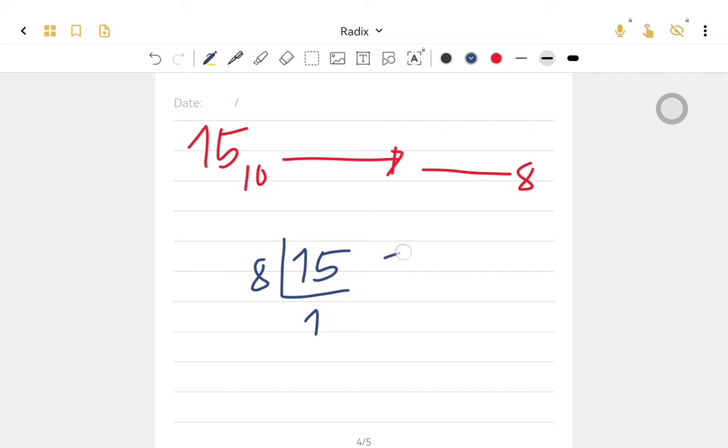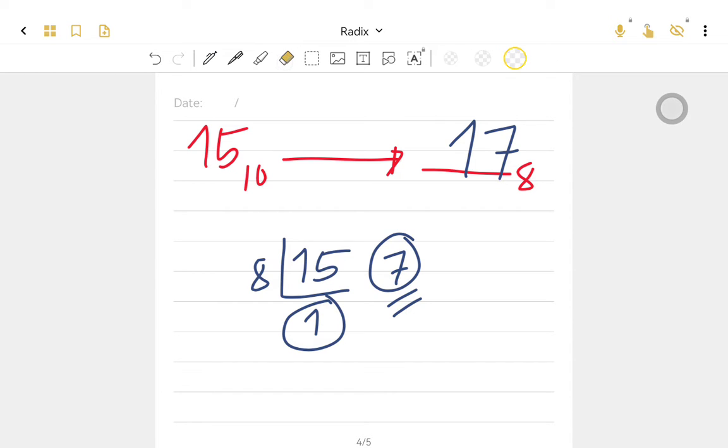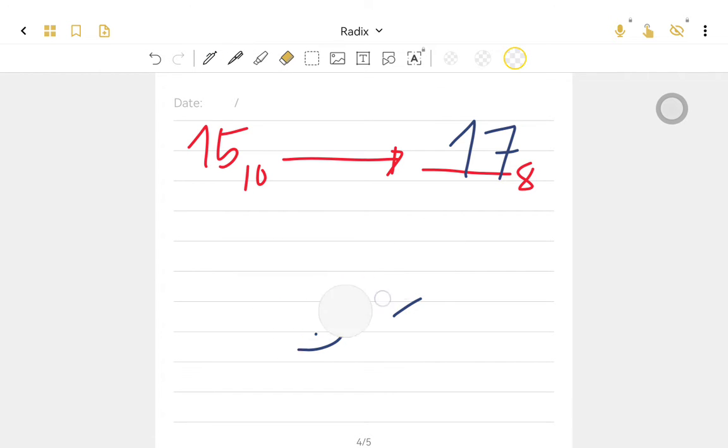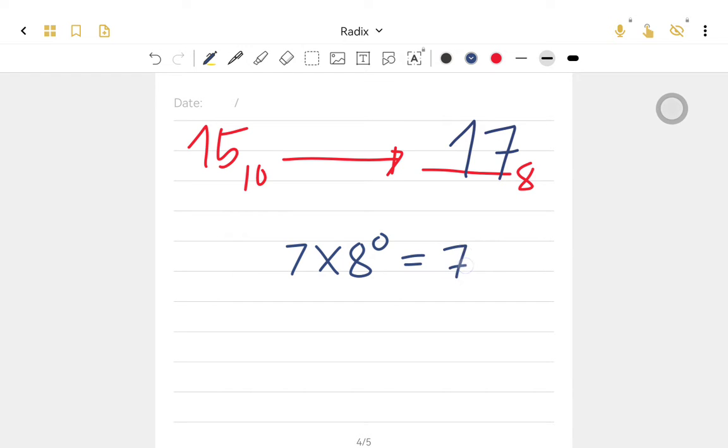Okay, our remainder is 7. Therefore, our number is 1 and 7, so this will become 17 base 8. To check whether 17 is correct, let's try 7 times 8 to the power of 0, which is 7.